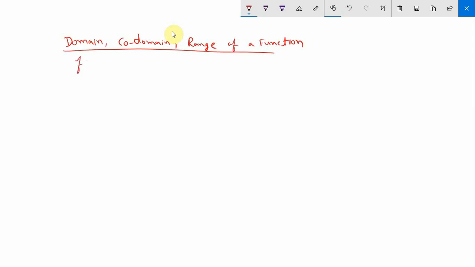Domain, codomain and range of a function. Okay, so if we have a function from A to B, then what is the domain?